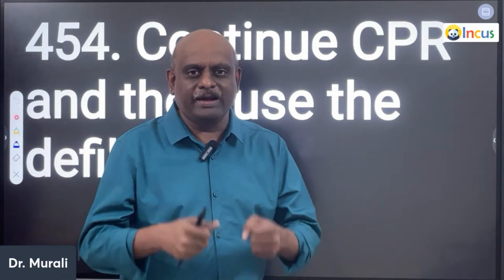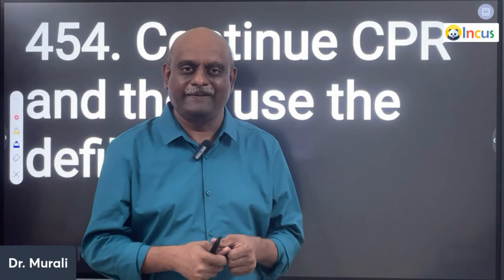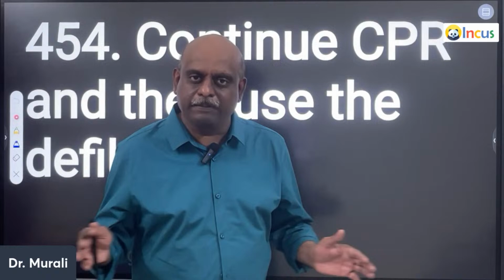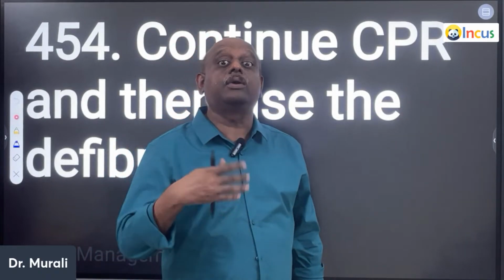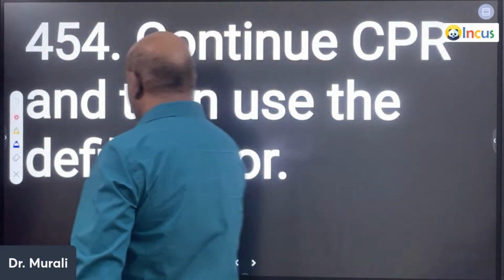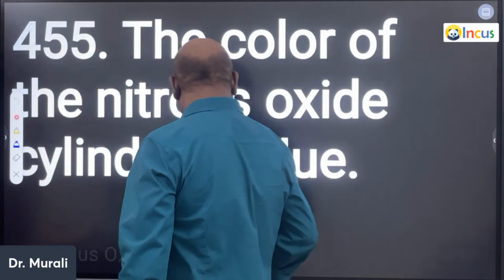You deliver around 360 joules of shock. Then once more, if the patient is not in a defibrillatory stage, you need to continue the CPR. So the algorithm of CPR, you need to know for tomorrow's NEET PG exam. Very good to see 7 online classmates.